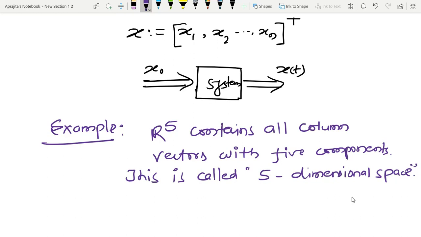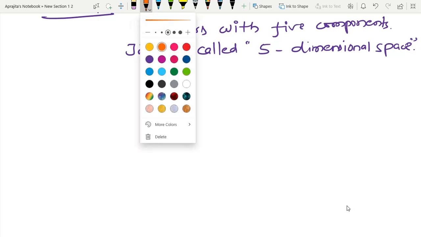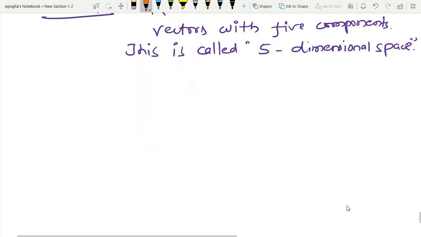You can see here that I can visualize the space. Suppose I have to visualize the space R1, then I can draw one real line.